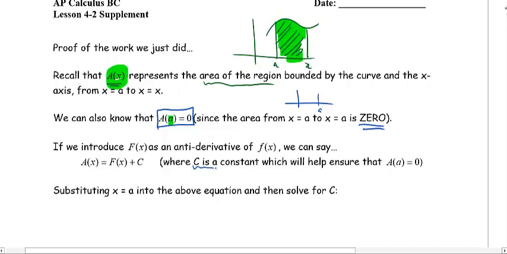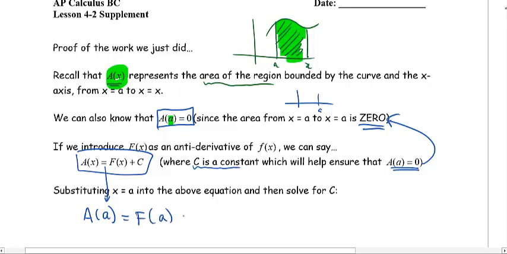Well, this c should be some sort of constant that helps ensure that when I plug in a for little x, that area must be 0, because that's this statement here. So in order to do that, let's substitute x equals a. So I'm going to take this statement now and substitute a into x. So A of a equals F of a plus c.